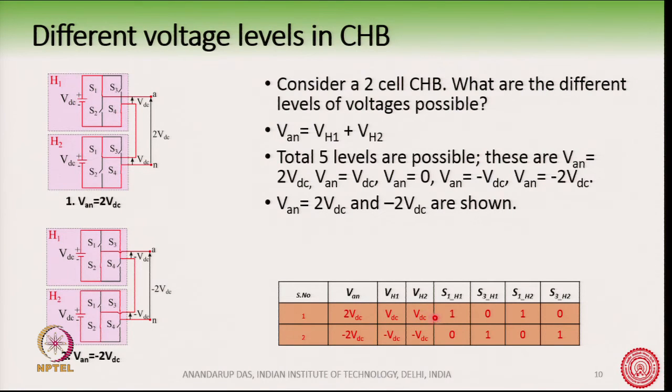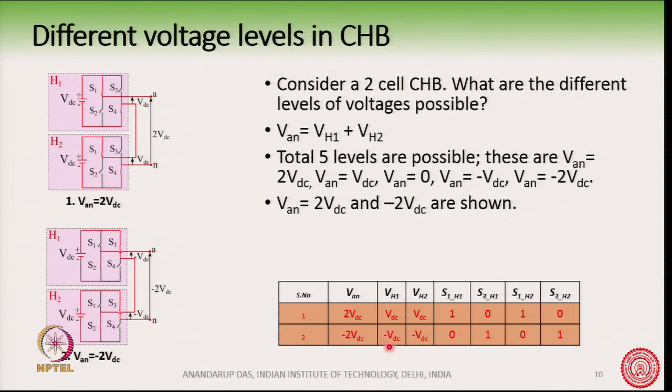And similarly, if we want to get minus 2 VDC in VAN, then we need to have VH1 as minus VDC and VH2 as minus VDC, because their sum will be equal to minus 2 VDC.